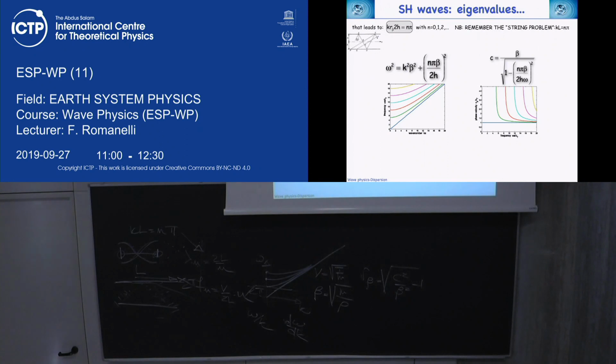Now, what if n is equal to 1? Look, straight line. This is normalized to beta if you want. So the fundamental mode, and we're going to call it the fundamental mode, like this one, or like this one, with rigid and rigid, that has no zeros inside the plate along Z, is not dispersed.